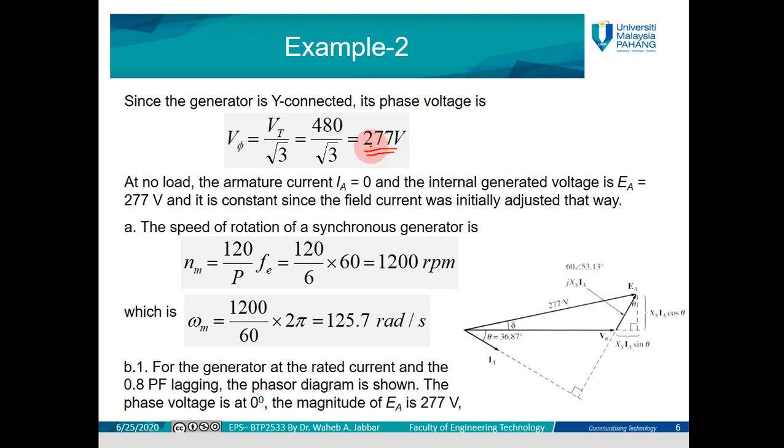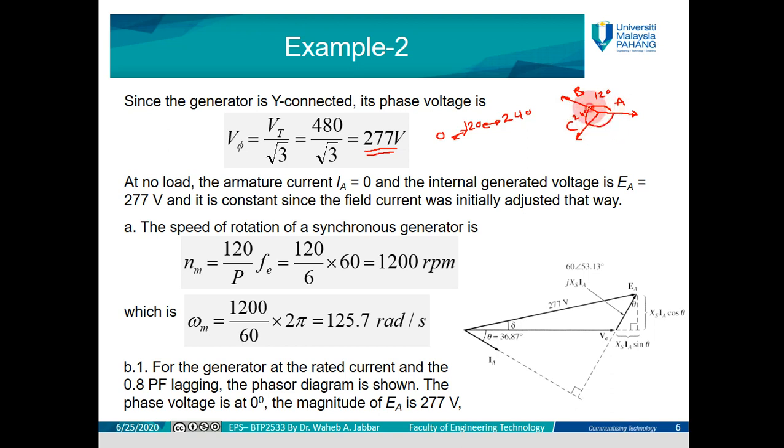So we have three phases. We cannot simply sum the three phases, because each phase has a voltage value and it has an angle. The difference in angle between each phase and the next is 120 degrees. The first is 0, the second will be 120, the third will be 240. So if this is phase A, this will be phase B, and this will be phase C. Then at 360 it returns again to 0.